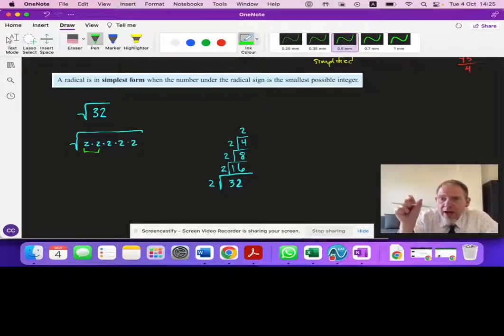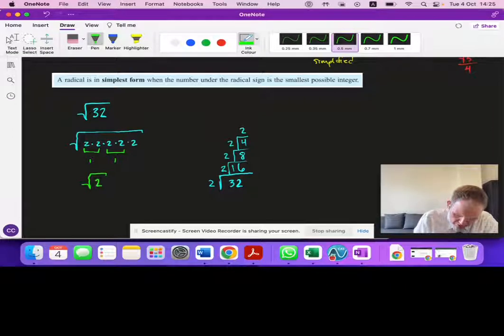So every time I have a double under there, I can pull one out. So I've got one double, I've got two doubles, and I'm left with one that's going to be stuck underneath the radical. So I would have a 2 on the inside, multiplied by 2 times 2. So this is actually 4 square roots of 2.